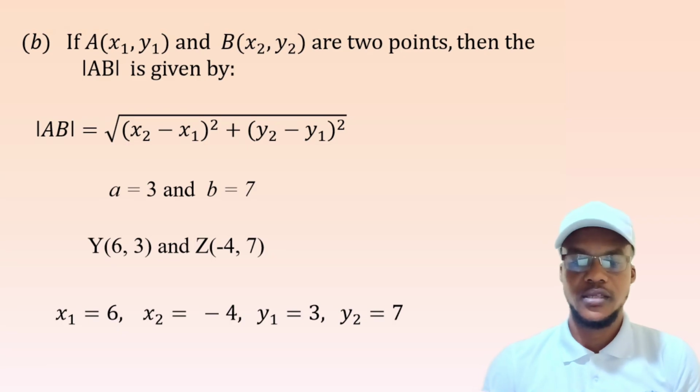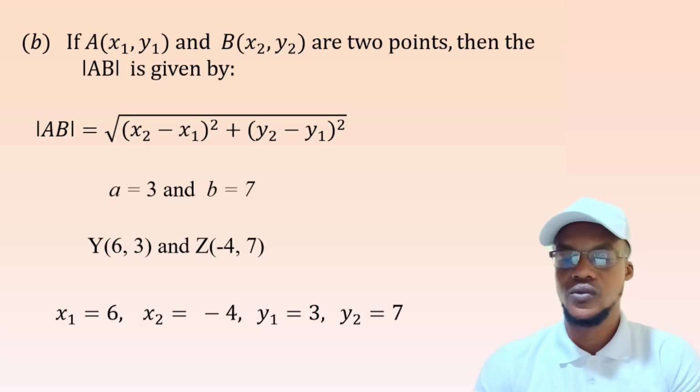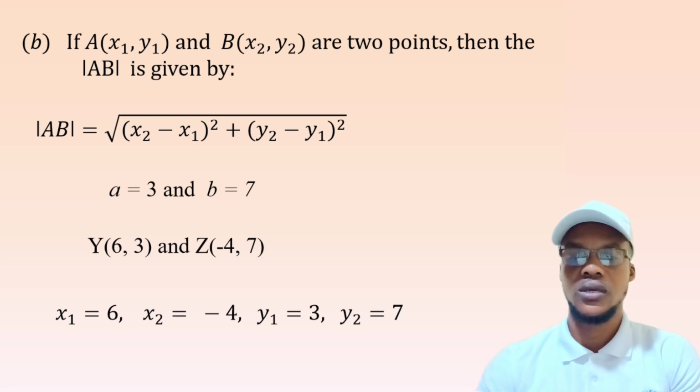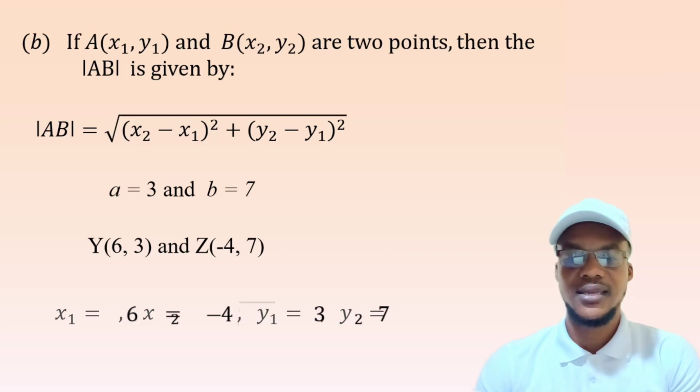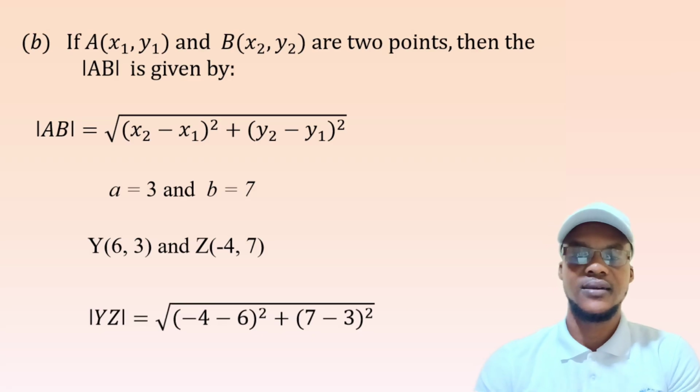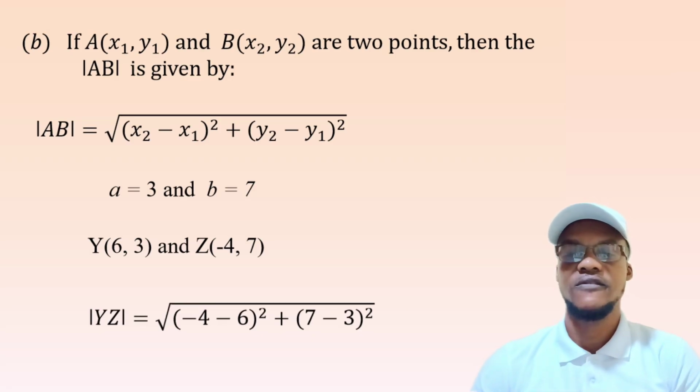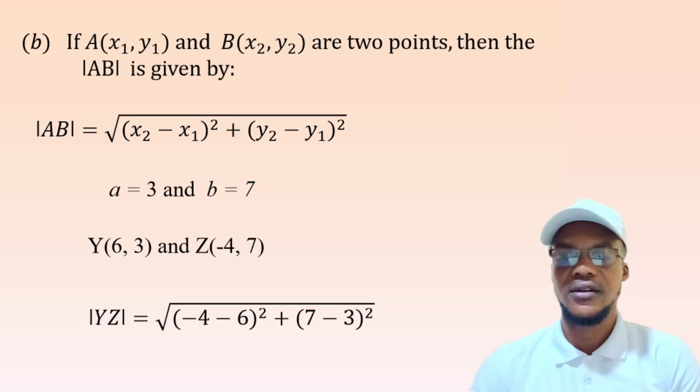So this is what we have. Substituting is very, very easy. You just substitute our values, and then we are good. When we substitute, we are going to get the length of yz as the square root of negative 4 minus 6 all squared plus 7 minus 3 all squared.